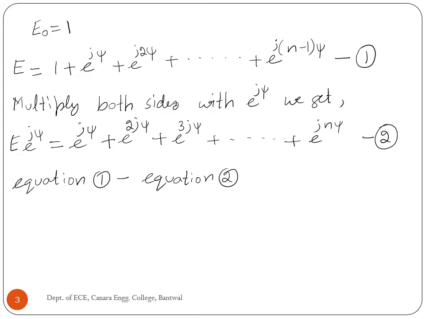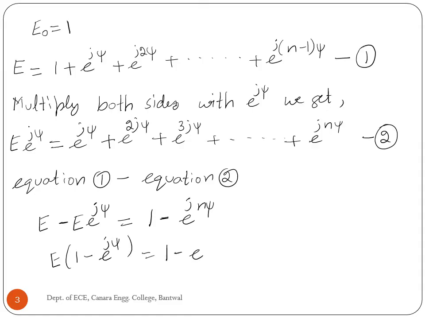we get E minus E e to power j xi, which is equal to 1 minus e to the power j n xi. Therefore, E into 1 minus e to the power j xi is equal to 1 minus e to the power j n xi.